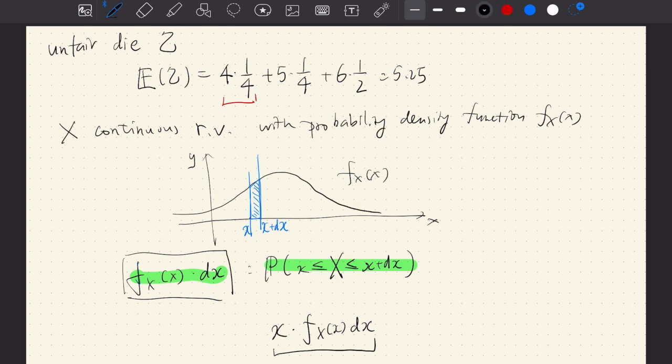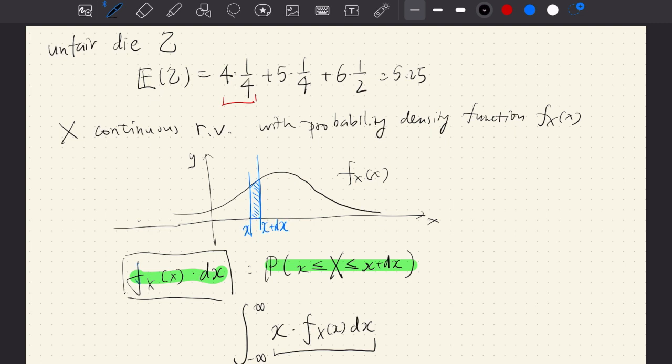In the integral world, if you want to add up these very small quantities, you just add an integral sign before it. And because we want to add up all possible values of x, we integrate from negative infinity to positive infinity.